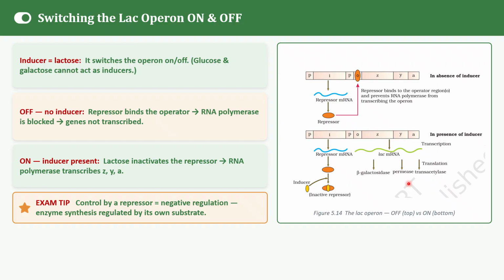Beta galactosidase, permease and trans-acetylase are produced and lactose metabolism finally occurs. So we know very well what the off state is and what the on state is. If the repressor is active, transcription is off, and if the repressor is inactive, transcription is on.